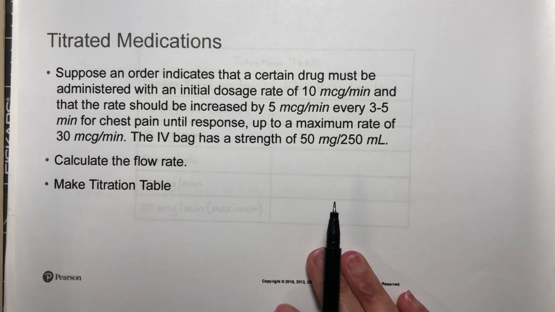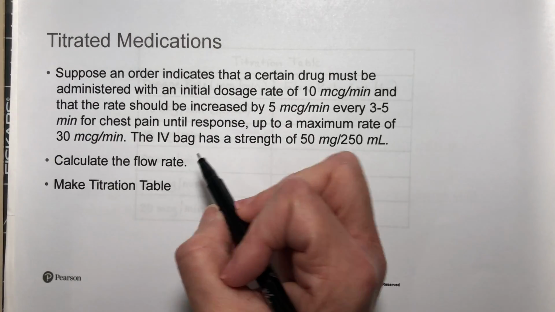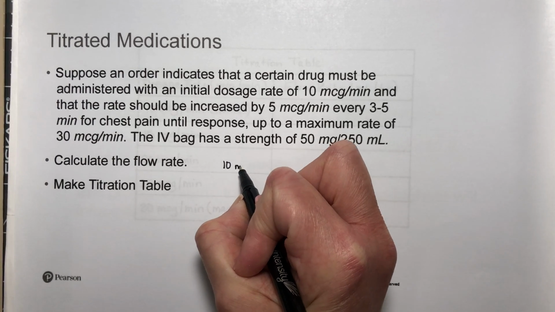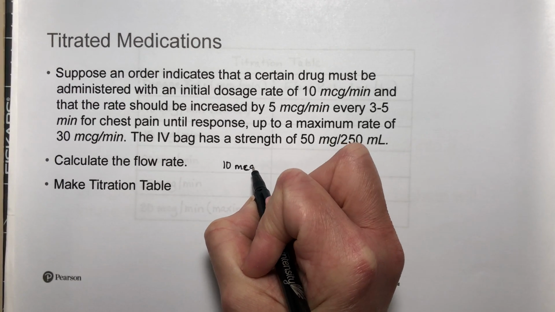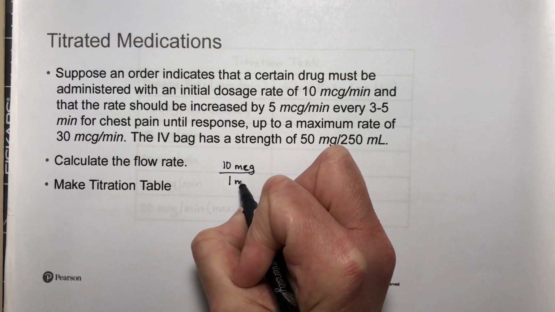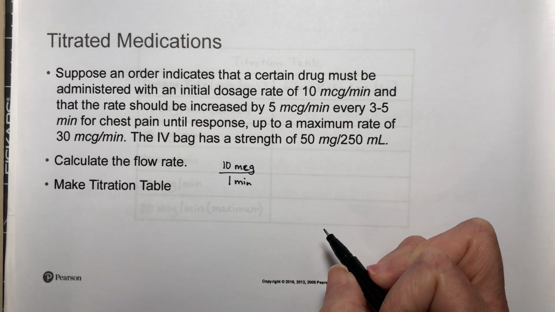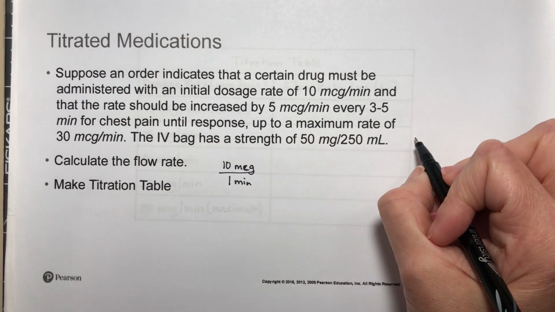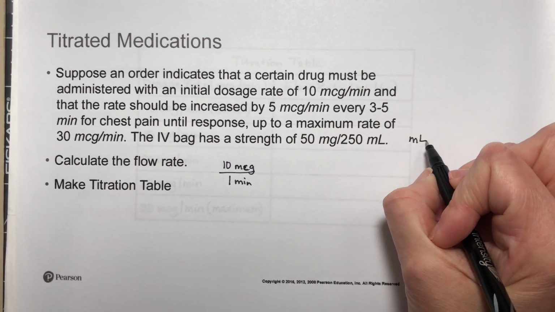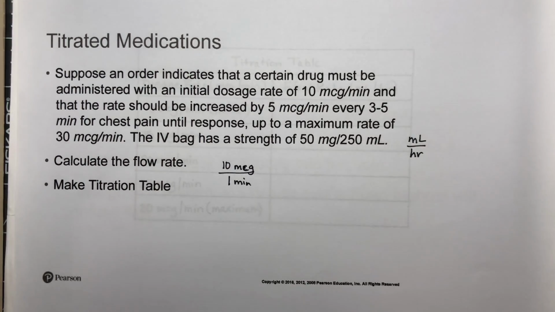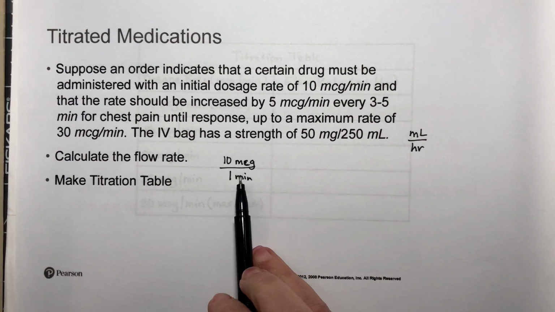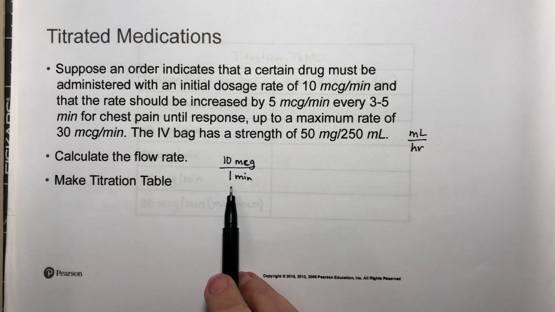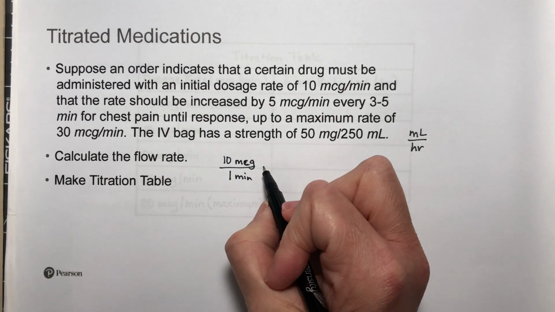For this part, we have 10 micrograms per 1 minute, and what we want to end up with is milliliters per hour. Well, we have some definite conversions to do here. We have 1 minute and we want hours, so let's do that conversion.